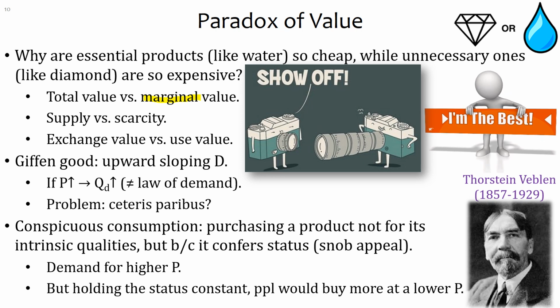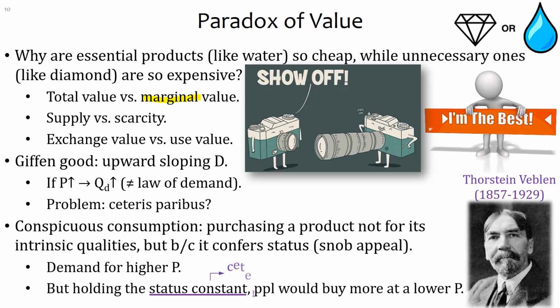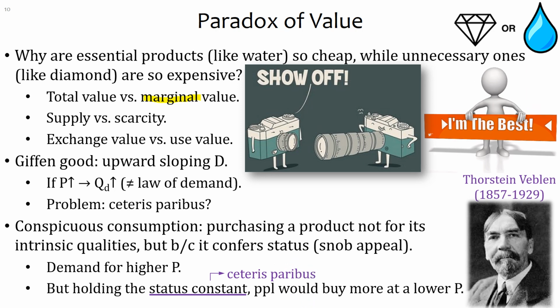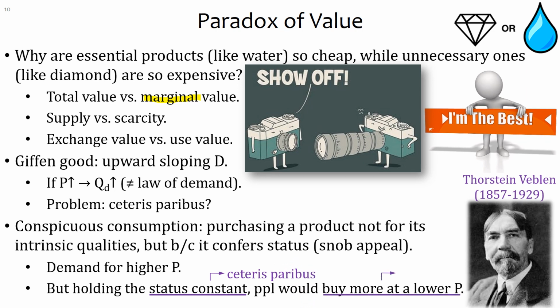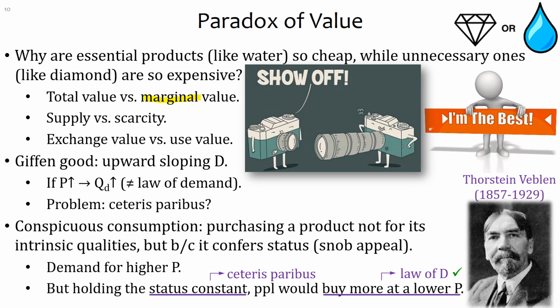Holding this status constant, people would buy more at a lower price. So when you say holding the status constant, it means assuming that that luxury item gives you the same level of status, so that is respecting the ceteris paribus assumption, then people buy more at a lower price, which is respecting the law of demand. So there's no problem there.